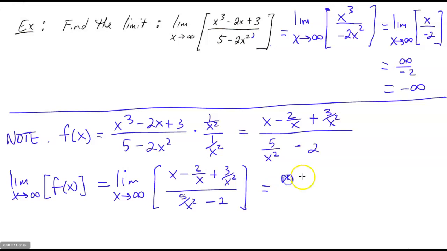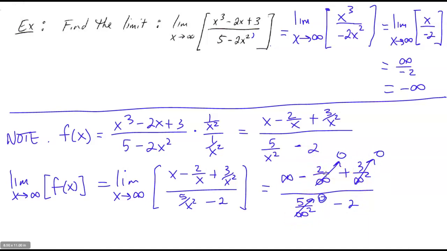So we have the situation here: infinity minus 2 over infinity plus 3 over infinity squared, over 5 over infinity squared minus 2. This goes to 0, that goes to 0, that goes to 0. And you see how we still end up with the infinity over negative 2, which goes to negative infinity.